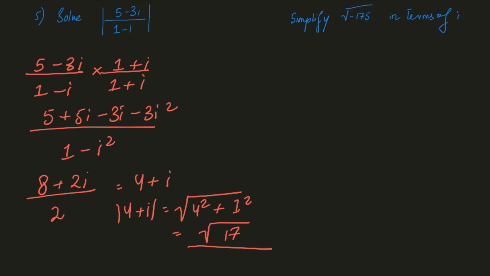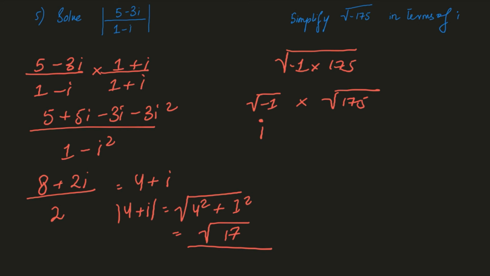Simplify root of minus 175 in terms of i. So we did this in the starting of the complex numbers video. Minus 1 into 175. We're gonna separate these two, so think of any perfect square that is a factor of 175. One of the ones I could think of is 25, because 25 times 7 is 175.